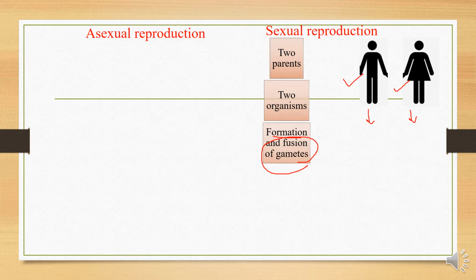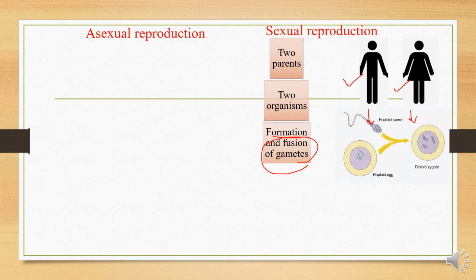This process of formation and fusion of gametes is called gametogenesis. Males produce haploid sperms and females produce haploid eggs. Both of them fuse to form what? A diploid zygote.